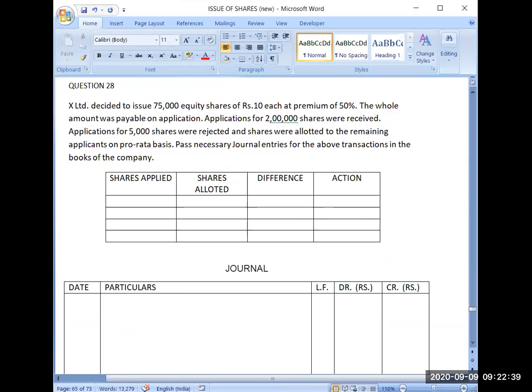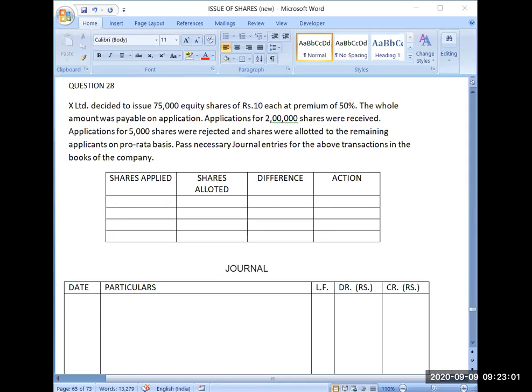The whole amount was payable on application. Yes, the issue price is 15, because 50% of 10 will be 5, and 10 plus 5 will be 15. So the whole amount, 15 rupees per share, is payable at the time of application only.